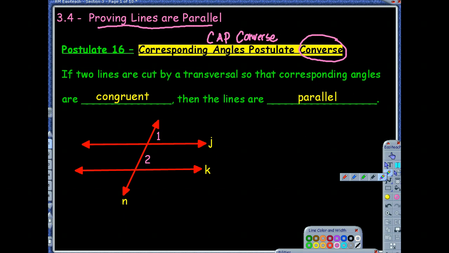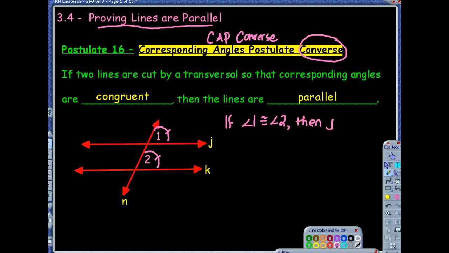In this picture, hopefully you see some angles, angle 1 and angle 2, and what kind of angles are these? Those are corresponding angles, same location. What we know from this is that these are going to end up being congruent. I have to give you this to even consider using this postulate. So if I give you angle 1 is congruent to angle 2, these are your corresponding angles and they're congruent, then what would we be able to conclude?